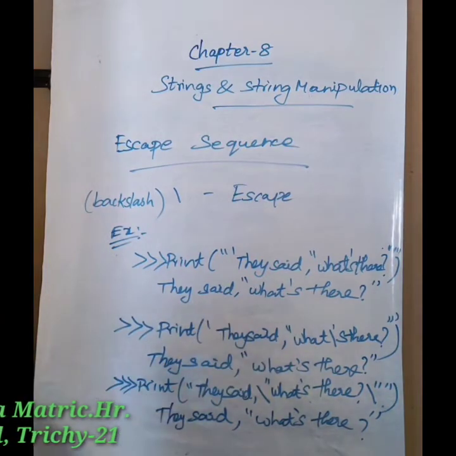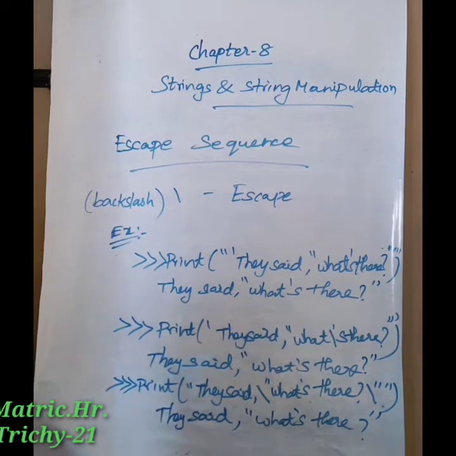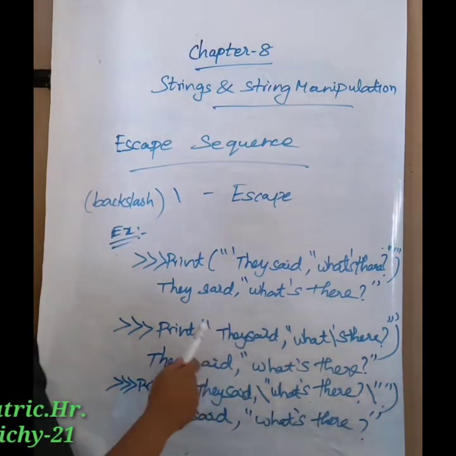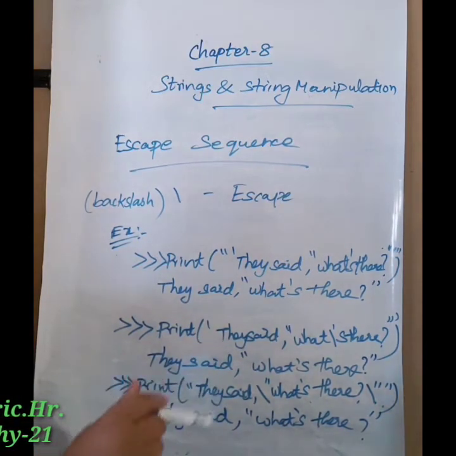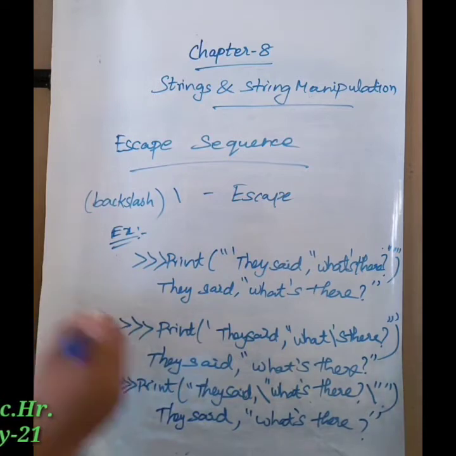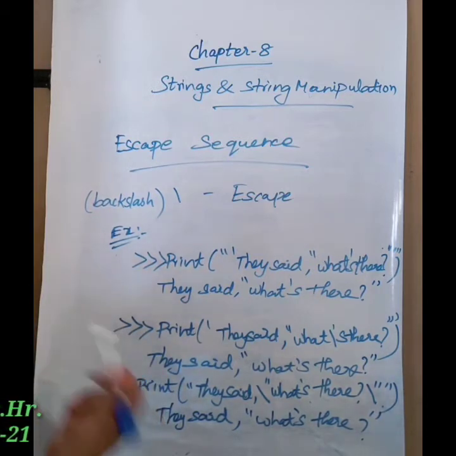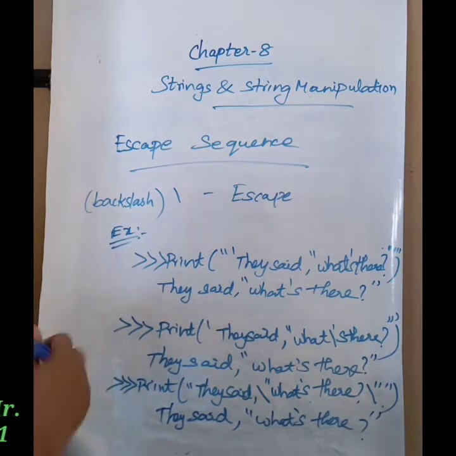Then the second example is a string within single quotes to display a string with a single quote using escape sequence. Already we know that within single quotes in Python, we don't use another single quote, because the interpreter will be confused about which one is the starting of the string and which one is the end.